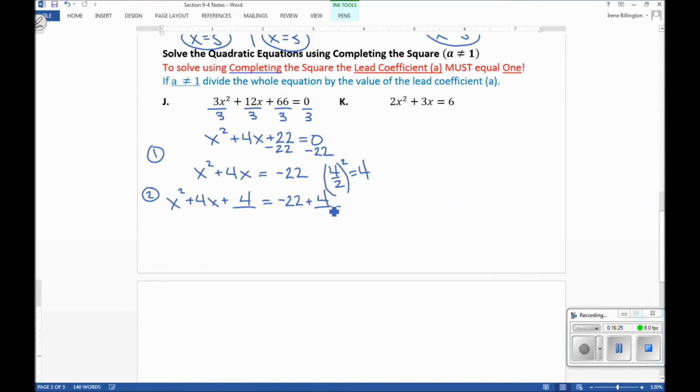So we're adding 4 to both sides. Step 3, create your binomial square. First term is x, sign comes from b, second term is b divided by 2, so that would be 2, is equal to negative 22 plus 4, negative 18.